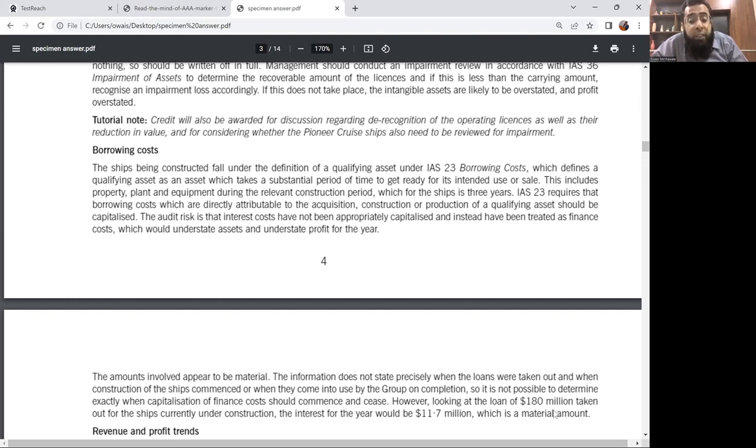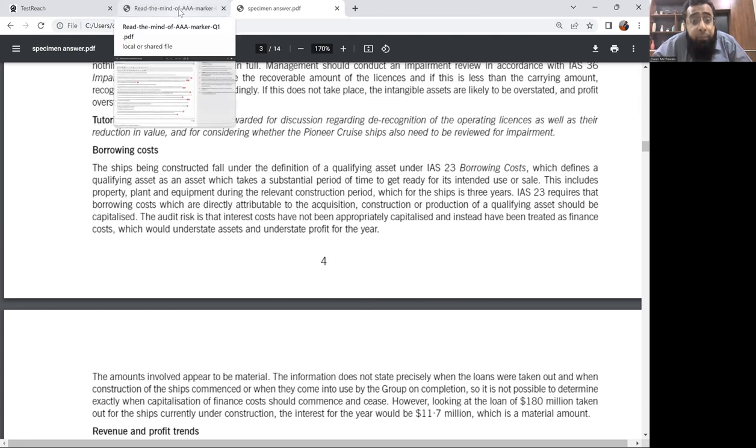However, taking a loan of $180 million for ships under construction, the interest for the year would be $11.7 million, which is material. So it is just about identifying the point properly, explaining it, following the approach, and you are getting it. It is not necessary that you write in too much detail like the examiner or use too much technical comment. Is it clear?